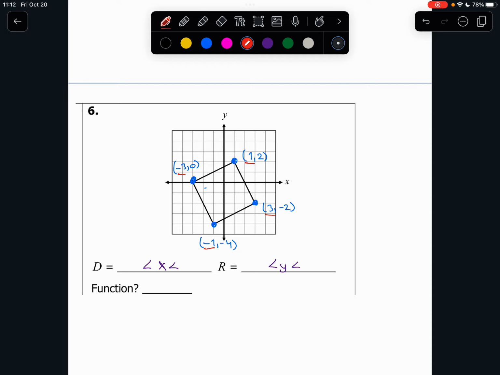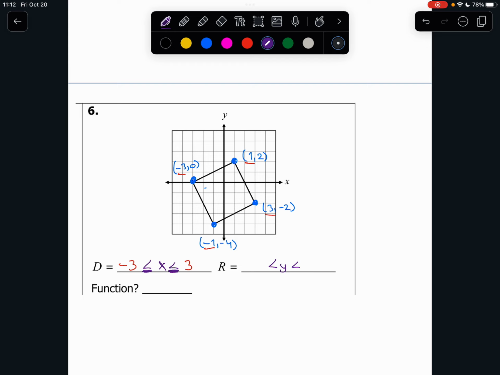So out of those four numbers, -3 has to be the lowest, and the highest x is going to be +3. And since none of them are open circles, we can write a less than or equal to on both sides. All right, so that takes care of the domain.